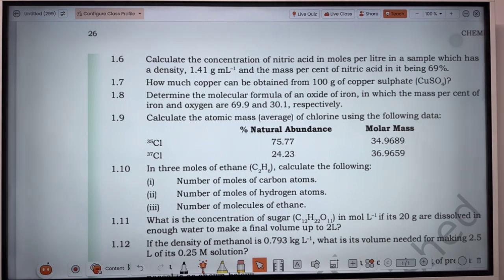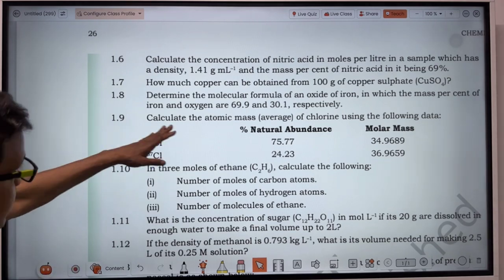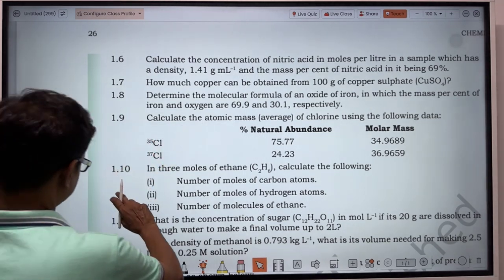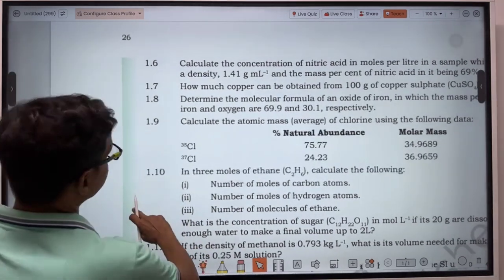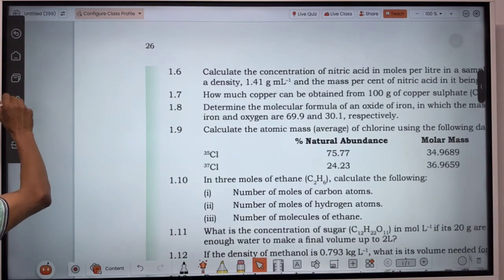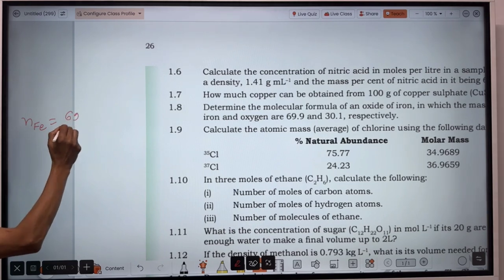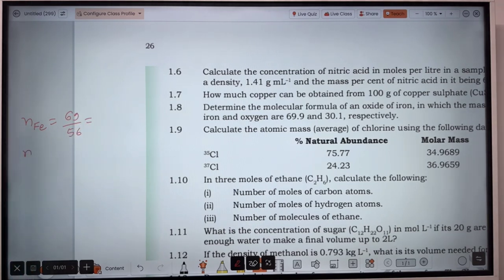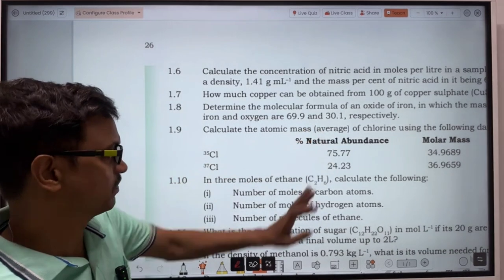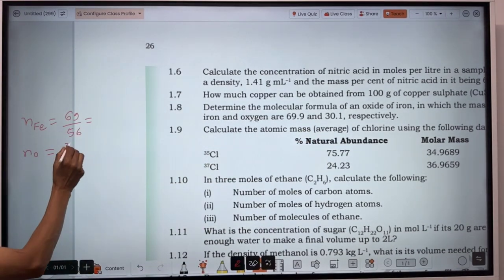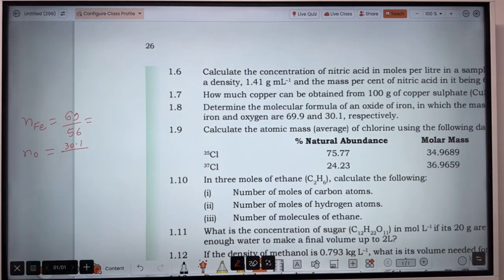So how to calculate? The number of moles of iron you will have to find out. That will be 69 by 56. In the same way, the number of moles of oxygen you will have to find out. That is 30.1, and the atomic molar mass of oxygen is 16.